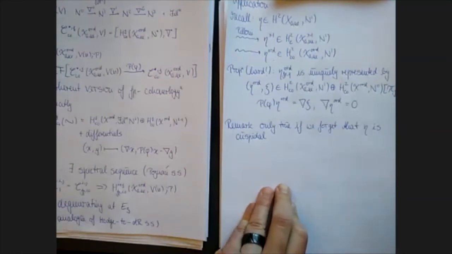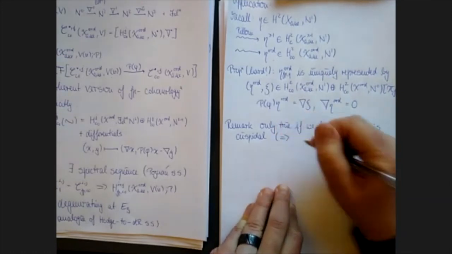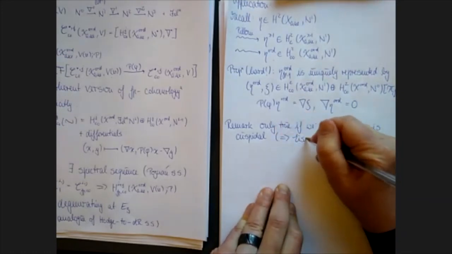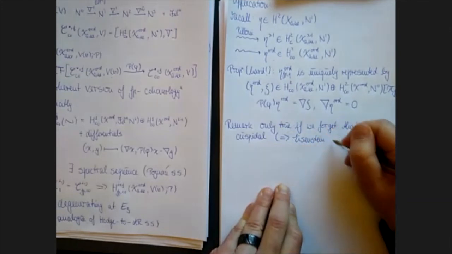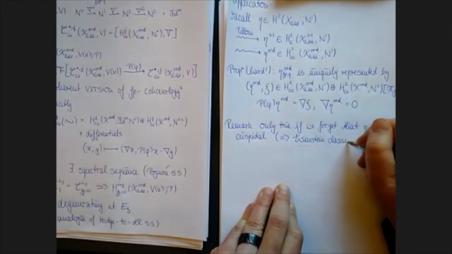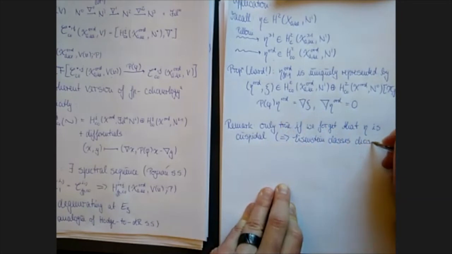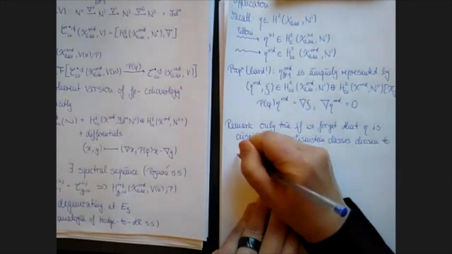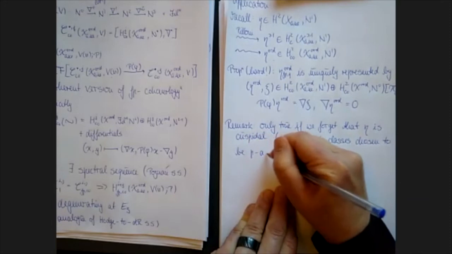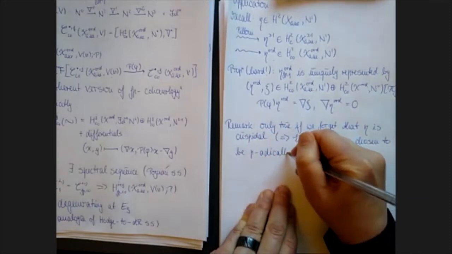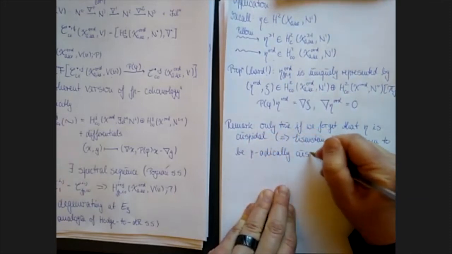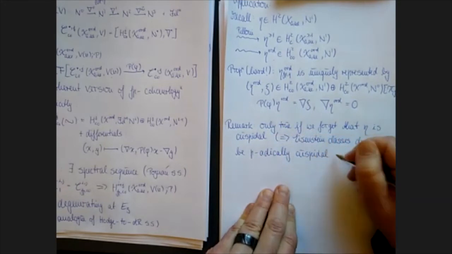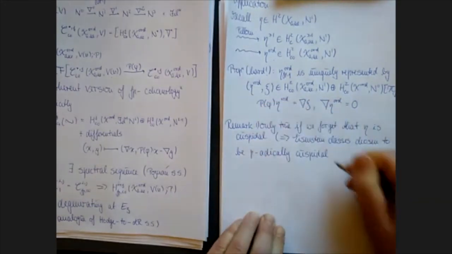And this is the reason why we choose our Eisenstein class to be p-adically cuspidal for the pairing to make sense. So hence, the Eisenstein classes are chosen to be p-adically cuspidal. Right, so that was the first remark.